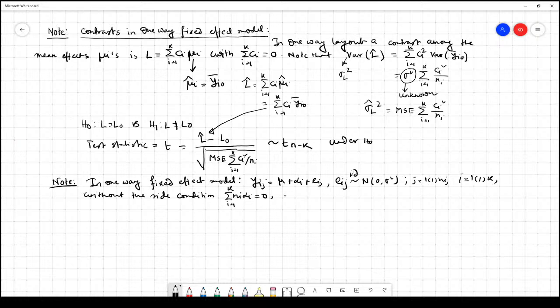Without these conditions, the question is what are the estimable functions.